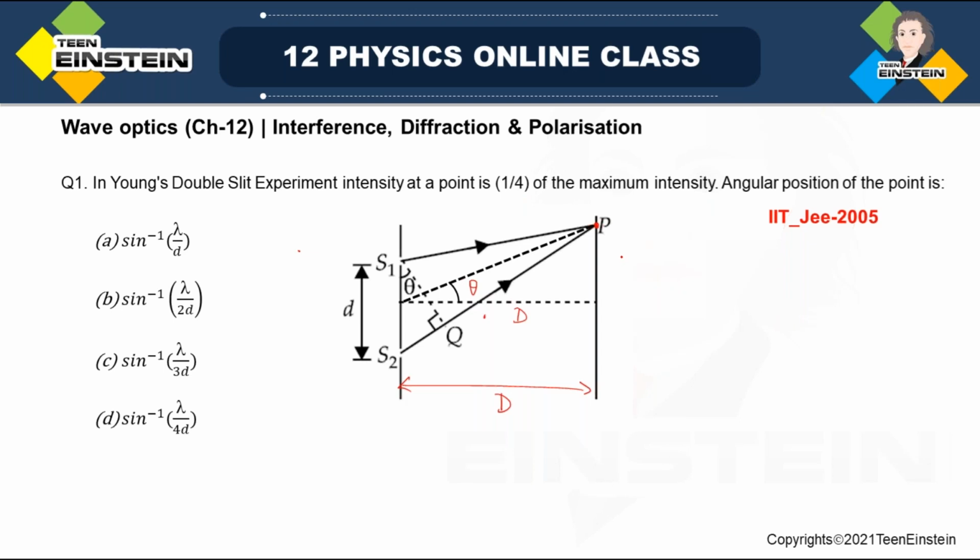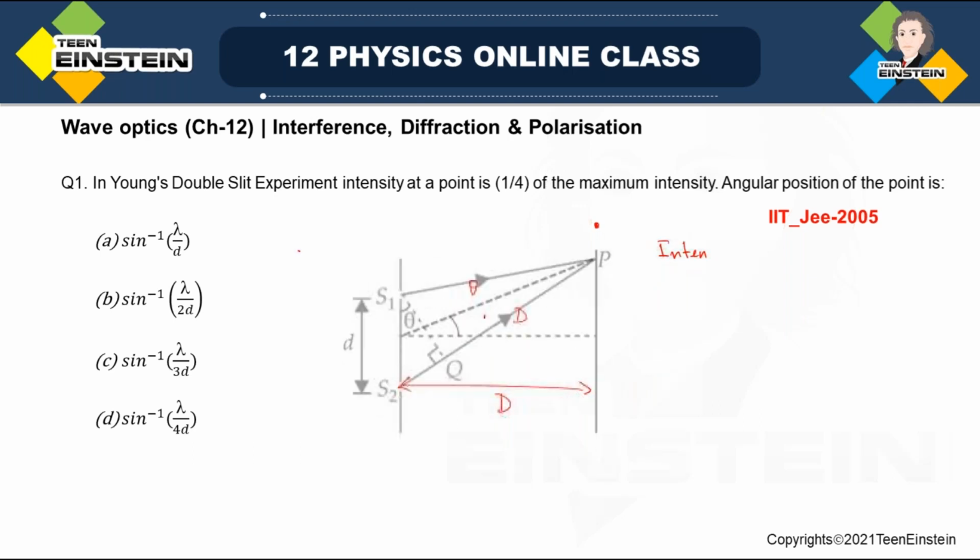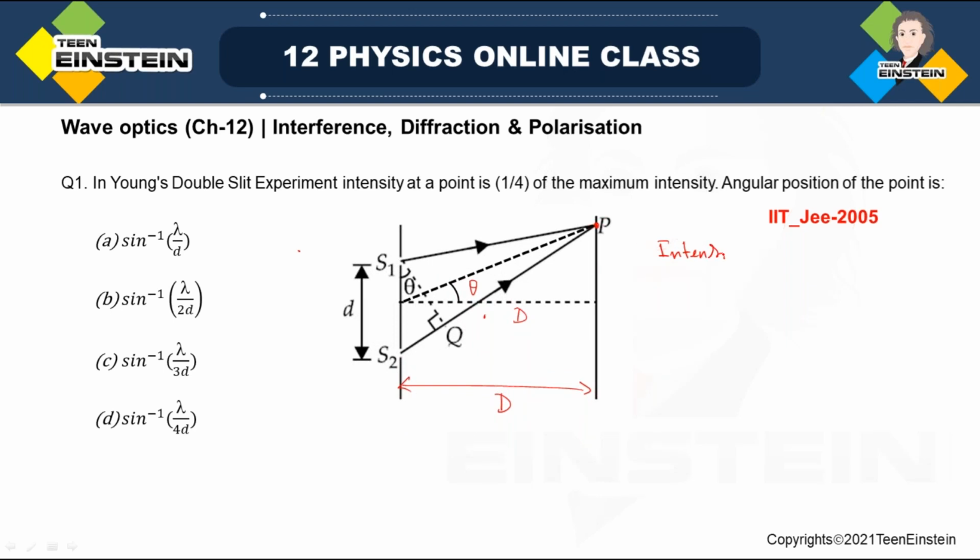Okay, see, in Young's double slit experiment, intensity at any point on the screen can be given by I is equal to I max, maximum intensity, into the cosine square of phi by 2.